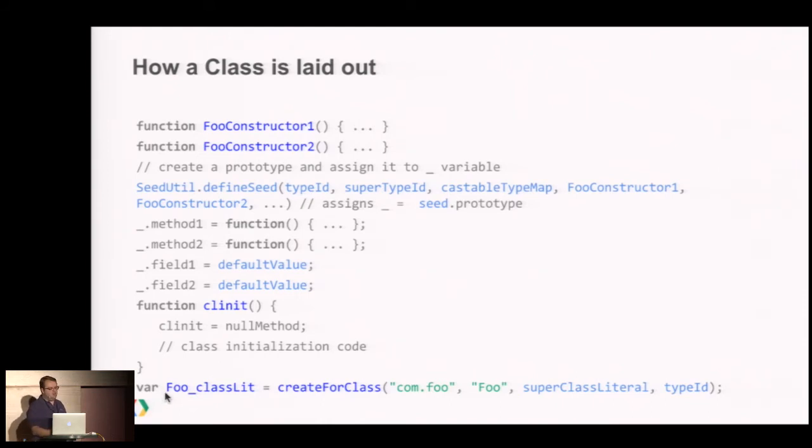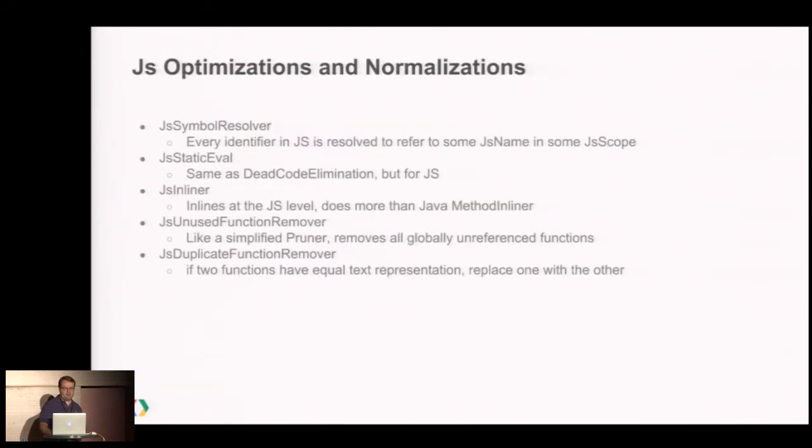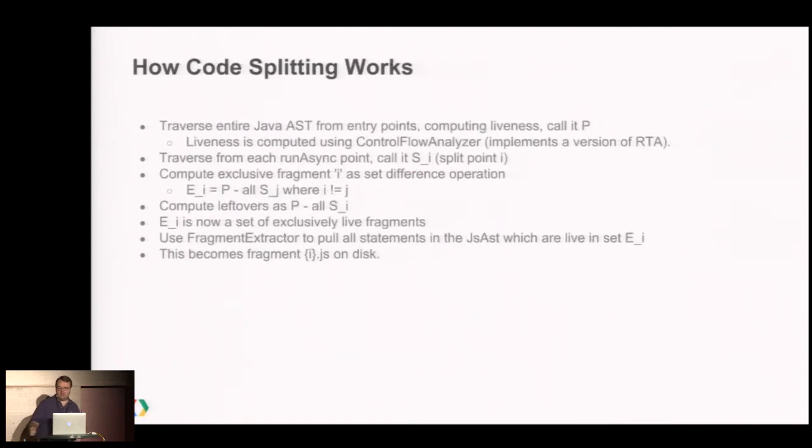It'll be something like foo_classlit, and then there'll be a method called createForClass, and you'll see the package name, the name of the class, a reference to the superclass, and some number that represents the class's type. So just keep in mind, this is a bunch of boilerplate that's generated for every type that you create.